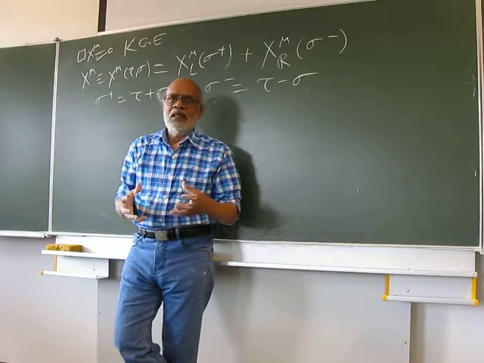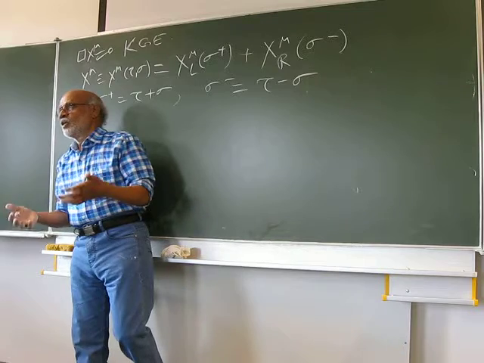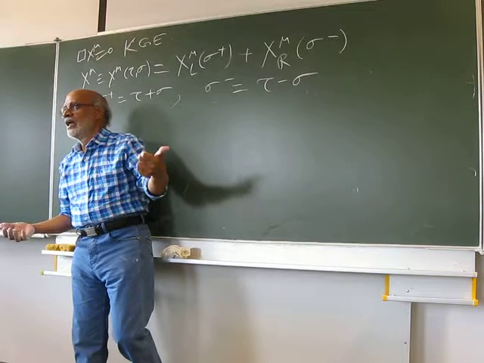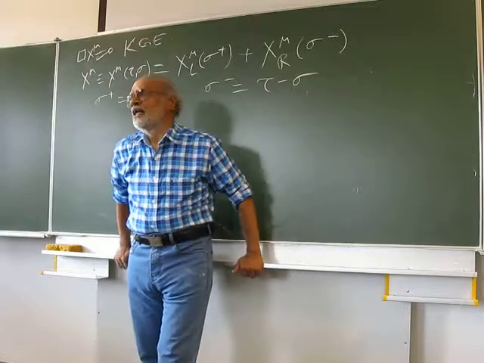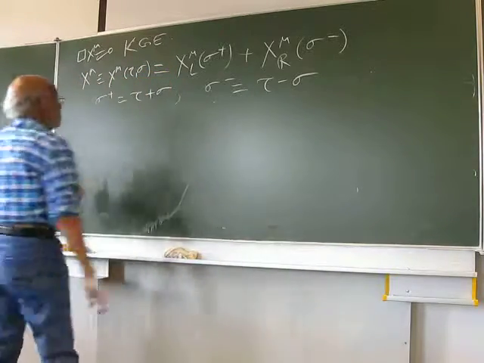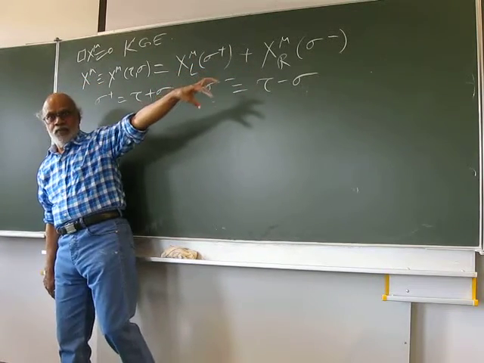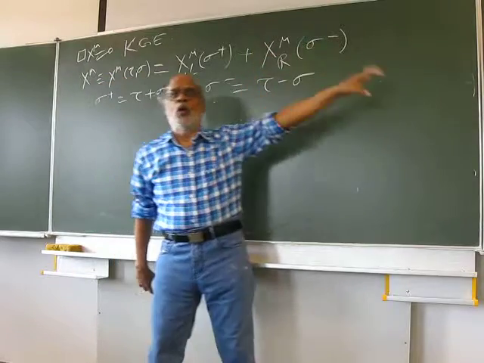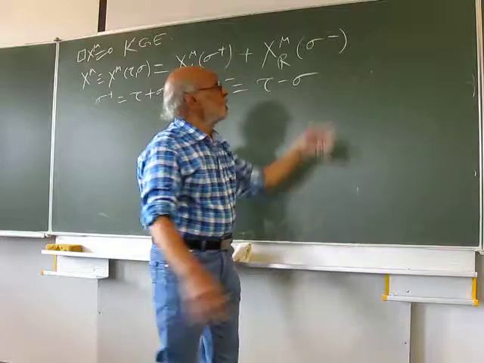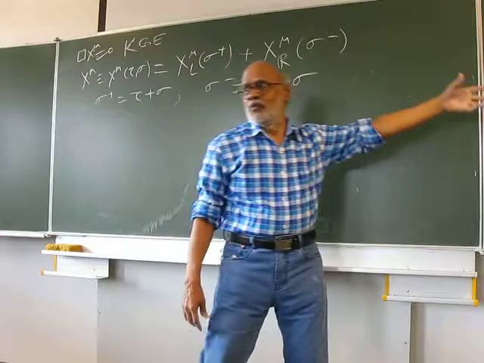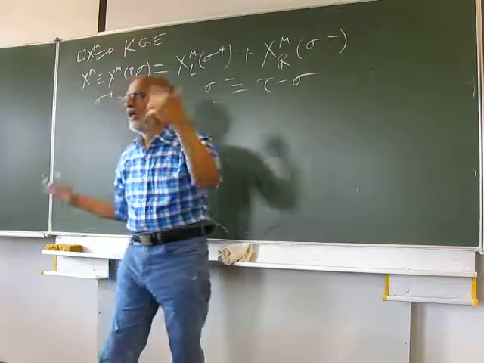We can split the solution of the wave equation into two parts consisting of two waves, one moving to the left, one moving to the right, and for short they are called left movers and right movers. The point is one of them depends only on sigma plus and one of them depends only on sigma minus. Okay? So sigma minus is tau minus sigma, so it's a right mover. This is tau plus sigma, so it's a left mover.